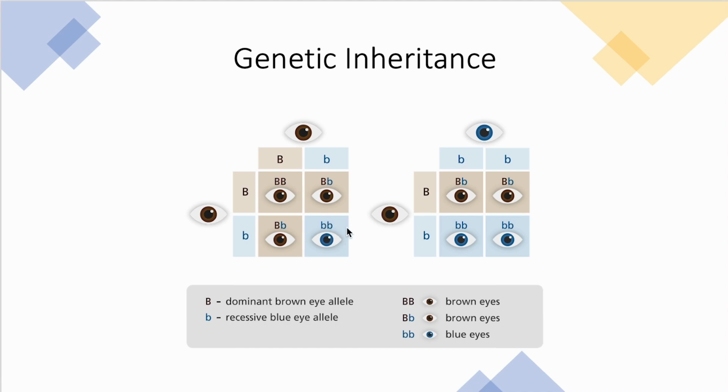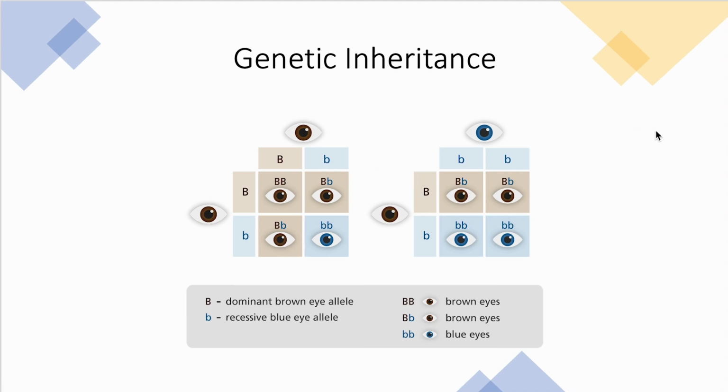That means the person needs to inherit the allele from both parents in order to have the blue eyes. That is something very characteristic for recessive conditions. In the case of dominant conditions, the inheritance of only one allele is enough to express the phenotype.